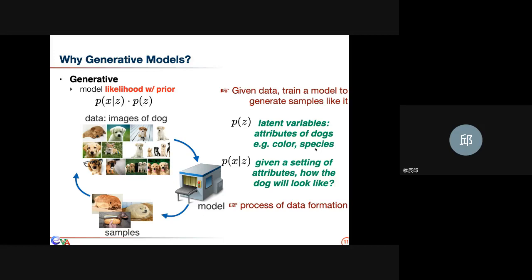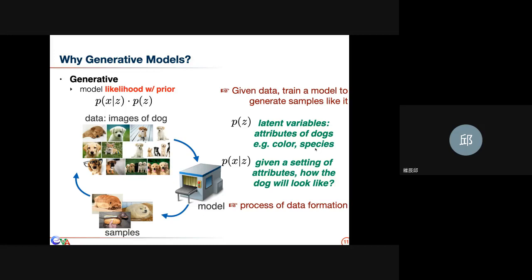So you have some prior understanding about the dog. I know dogs can be categorized into some species, and different dogs might have different colors and different hair lengths. We human beings already have some prior knowledge about the dog according to attributes, right?